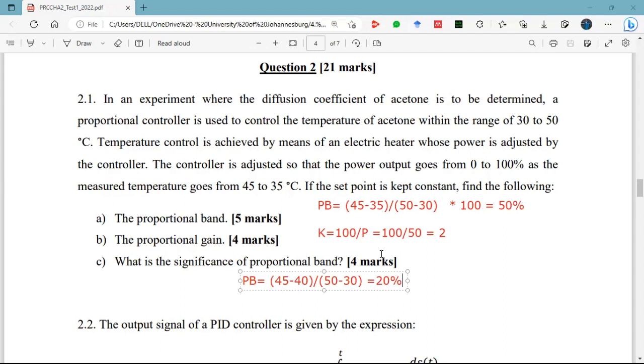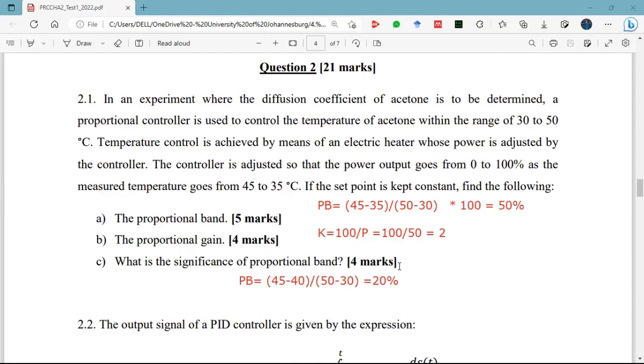Anyway, just to explain this, let me link it to the importance of proportional band. You can see something is happening there, and there should be a relationship that we establish. The relationship is that your proportional band and the sensitivity of your controller are inversely proportional.